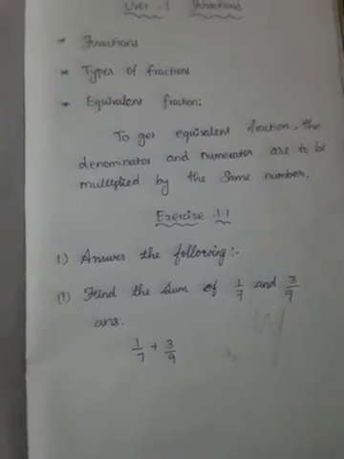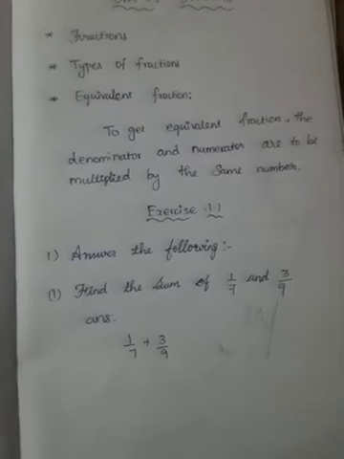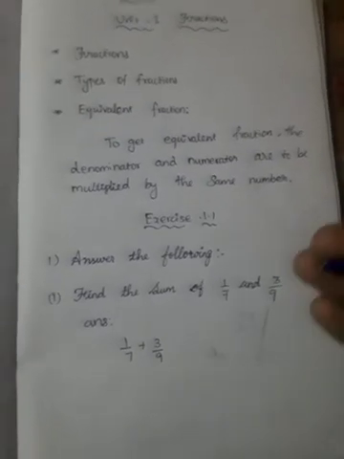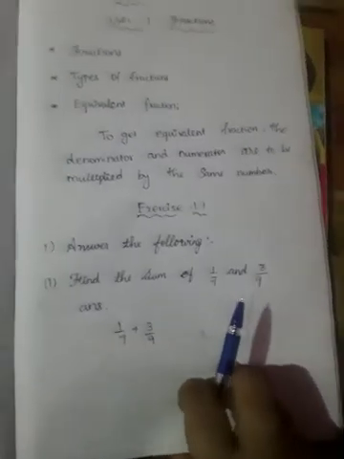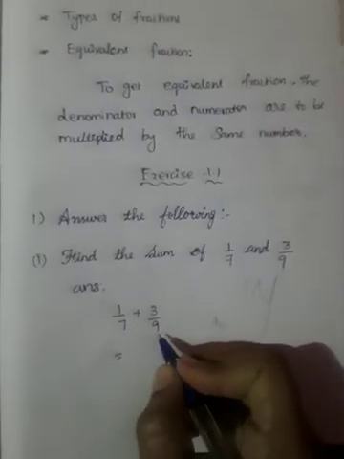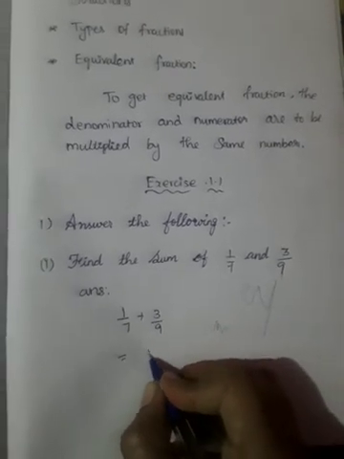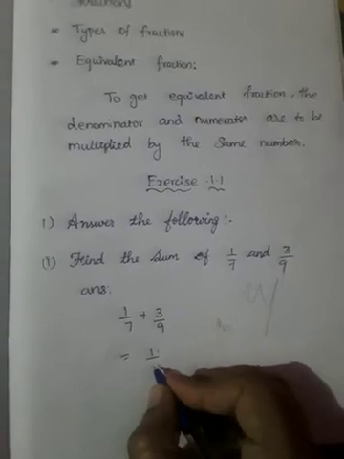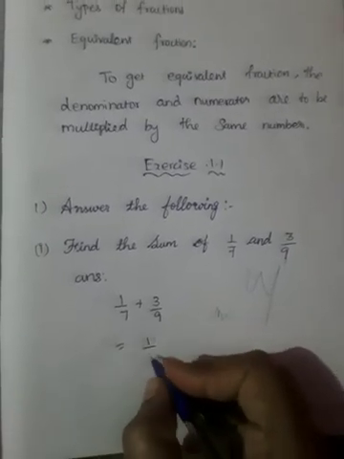If the denominators are different, this is the procedure you have to follow. When you have two fractions, it is very easy. This method is only applicable when you have only two fractions while adding or subtracting.